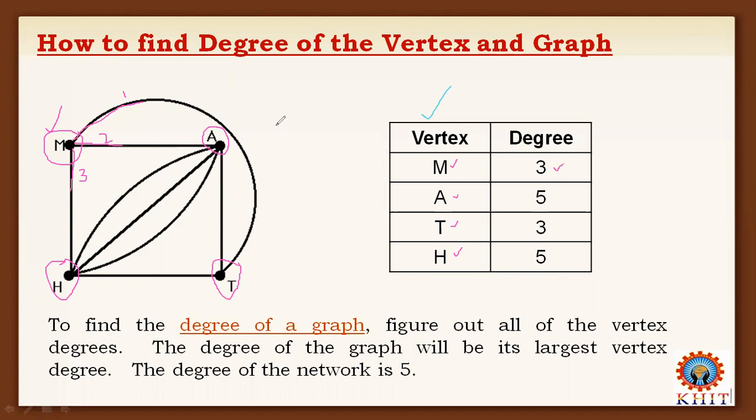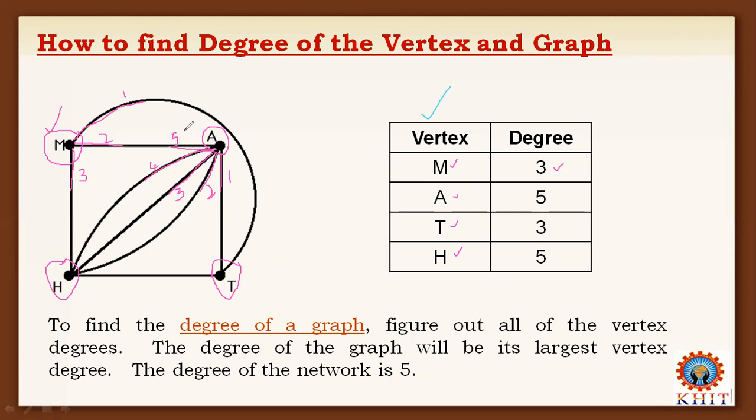Now let me consider the maximum degree of vertex A. If you consider vertex A, this is out 1, this is another way of moving out 2, another out 3, out 4, and this is another way, out 5.